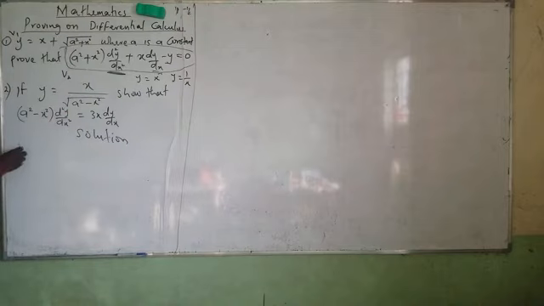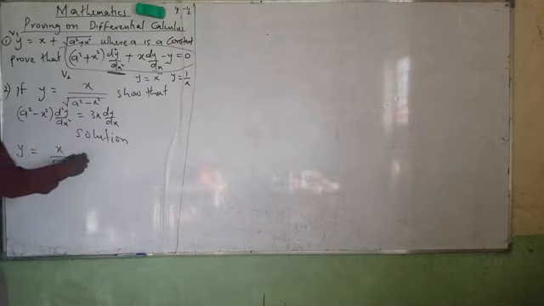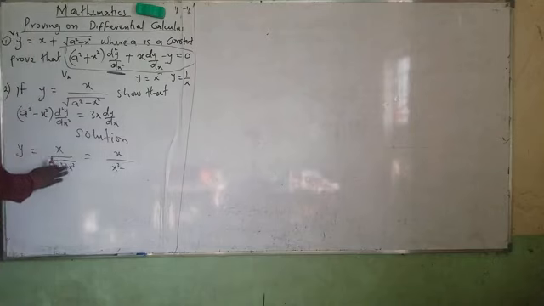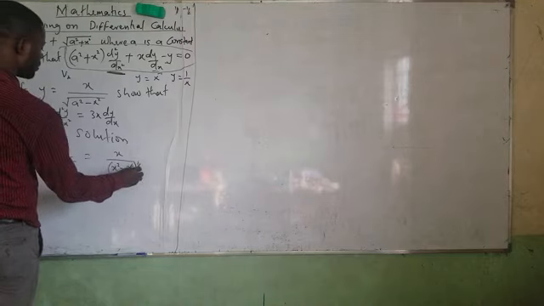Now I have y equals x divided by the root of a squared minus x squared. Please, this must cover this, or you put brackets. This can also be written as x divided by (a squared minus x squared) to the power of 1 over 2.